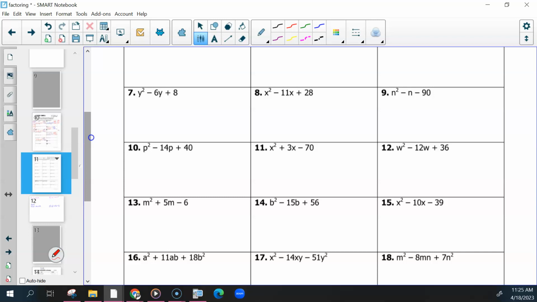So if we're multiplying to get a positive number, so like in 7, multiplying to get a positive 8, how could we add or subtract to get a negative 6?